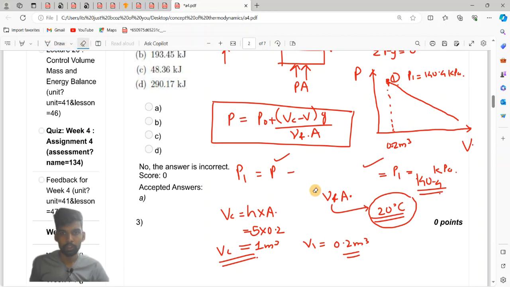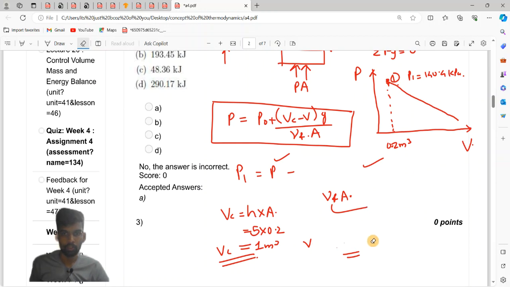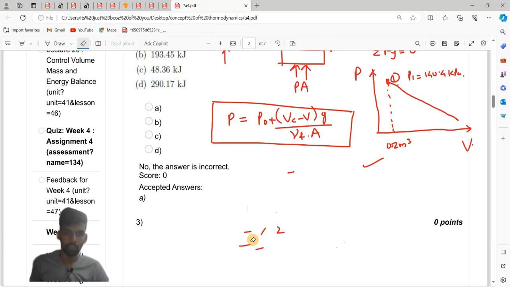Now we have one state point with us. Let's calculate another one. So at state 2, the final volume will be equal to the cylinder volume. P2 will be equal to P naught, because the entire water will be spilled out and only air will be left.